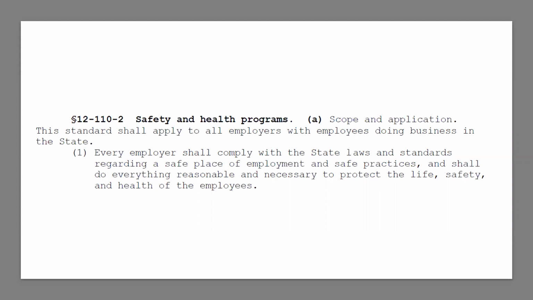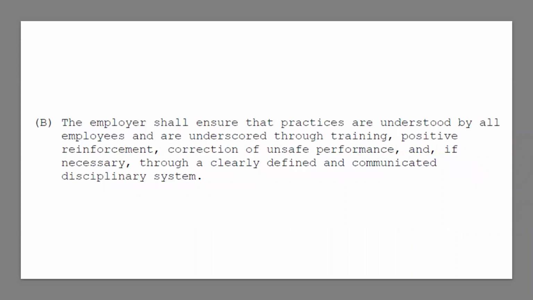Okay. Beyond that, there are other elements that talk about training that tie into this subject for today. And the first one talks about that the employer shall ensure that practices are understood. That word understood, that means not that someone just attended a class. We have to have verification of comprehension.